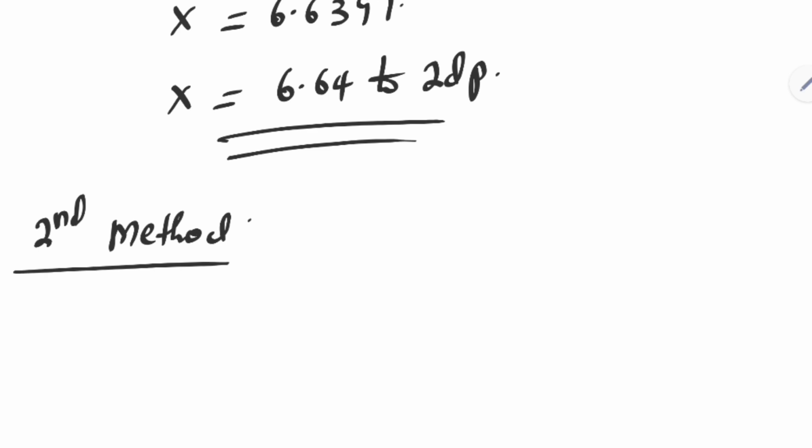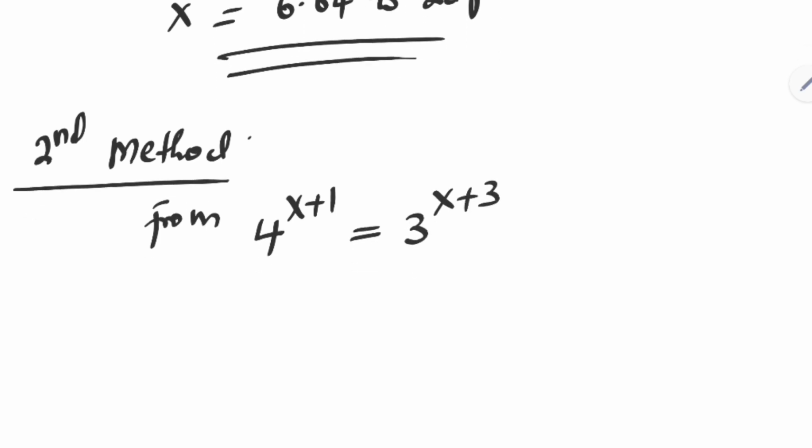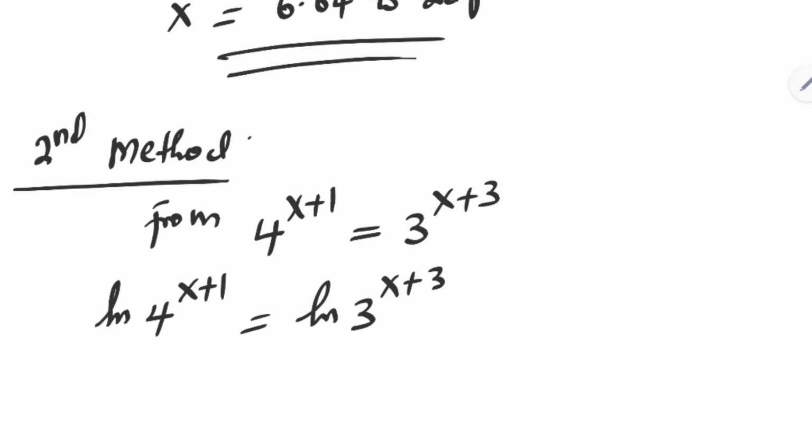Then from the equation given, we have 4 raised to power x plus 1 is equal to 3 raised to power x plus 3. Let us take the natural log on both sides of this equation. ln of 4 raised to power x plus 1 is equal to ln of 3 raised to power x plus 3.